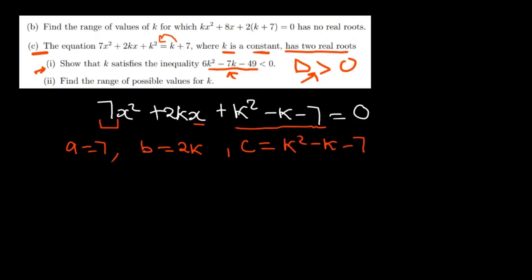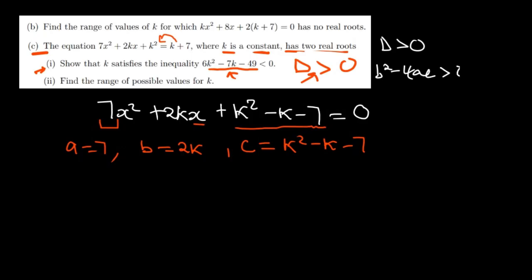Now let's put this into the discriminant. Remember, we have two real roots here, so the discriminant is greater than 0. The discriminant is given by b squared minus 4ac, greater than 0.